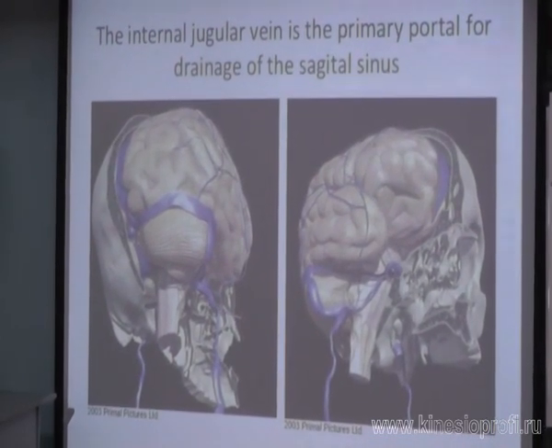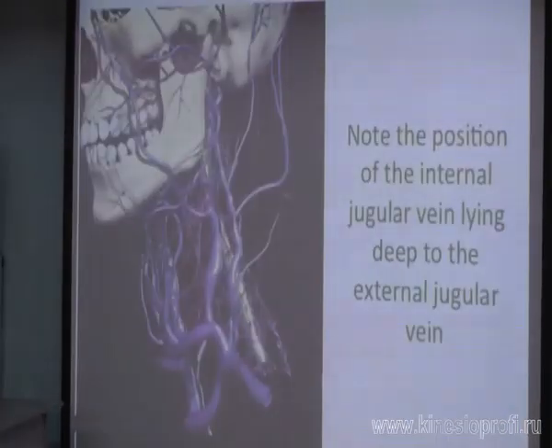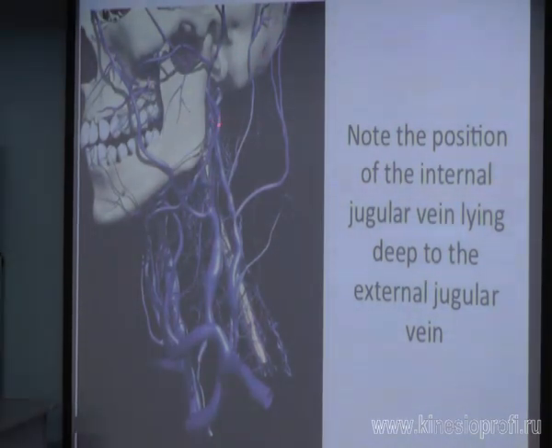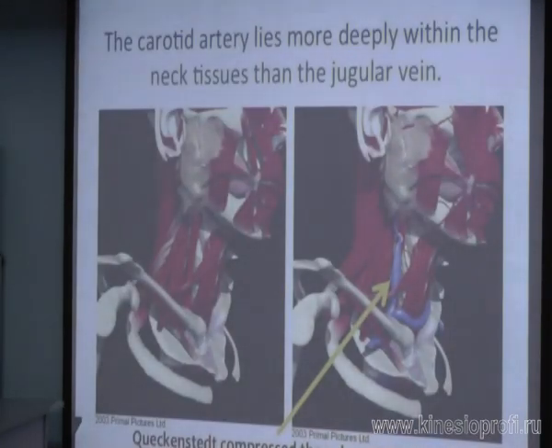Behind or underneath. Beneath, okay, behind. The vein is hidden from the surface by the sternocleidomastoid muscle. So basically what we need to do is apply sufficient external pressure to compromise exit flow from the brain, to compress the outflow of blood from the skull.